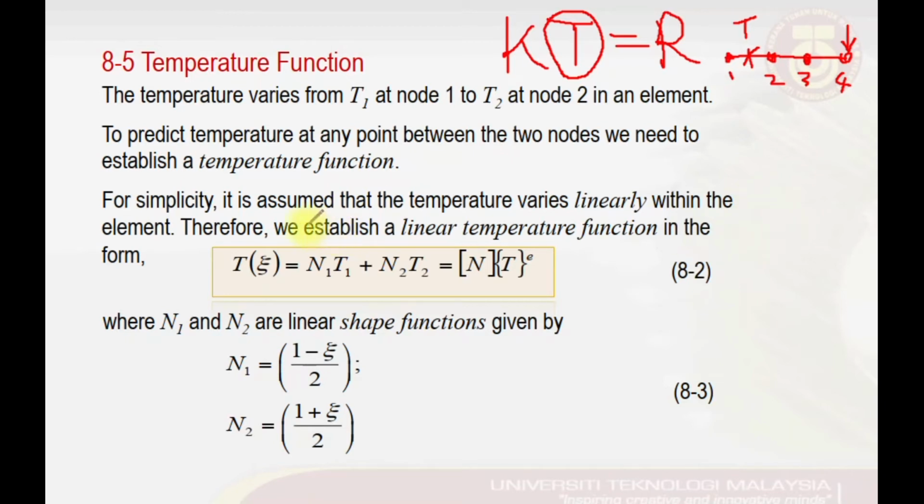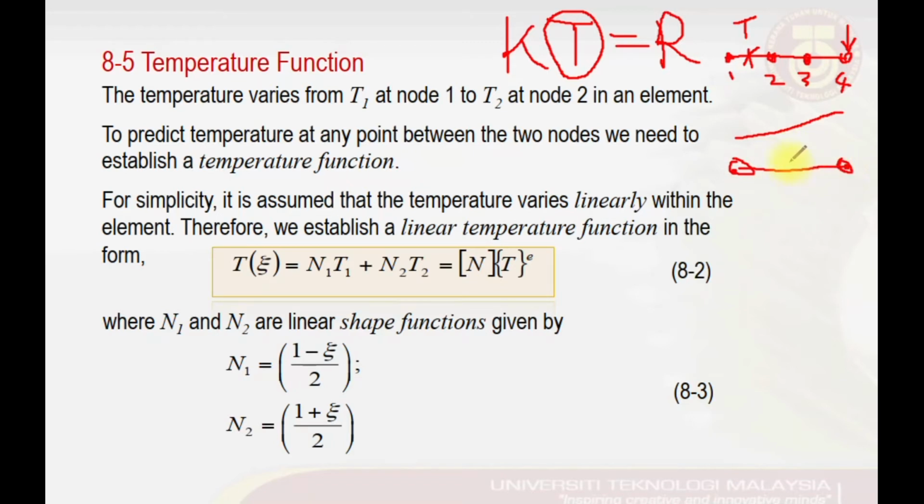For simplicity, we will assume that temperature will vary linearly within the elements. So if this is my element, we expect that the temperature will vary linearly from one point to another.